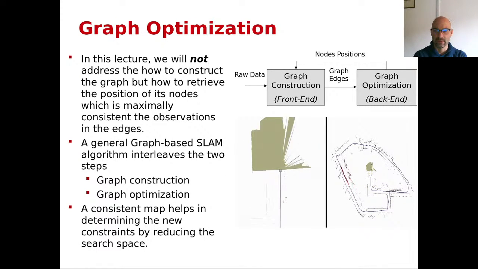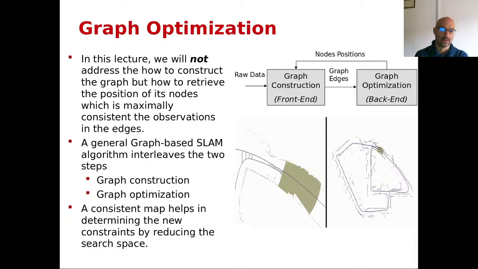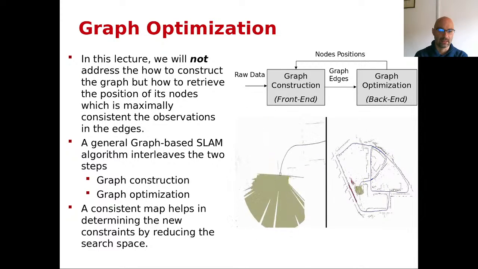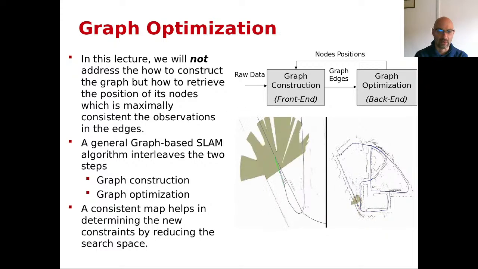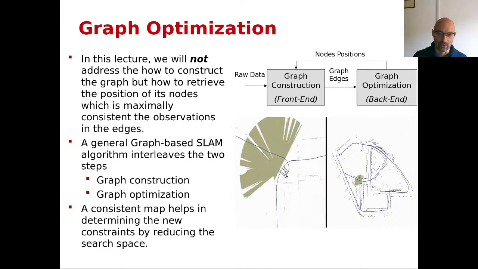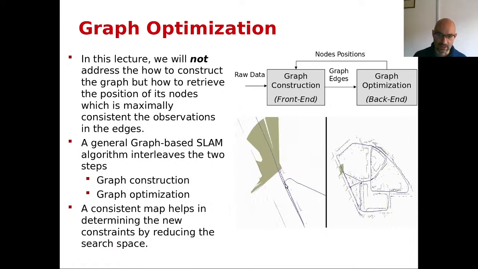This was one of the first videos that we have seen in the context of this course, and now I think it's quite clear that it's a graph-based SLAM system in action, where we have our robot which is constructing the blue graph. The dots that you see are the robot positions.